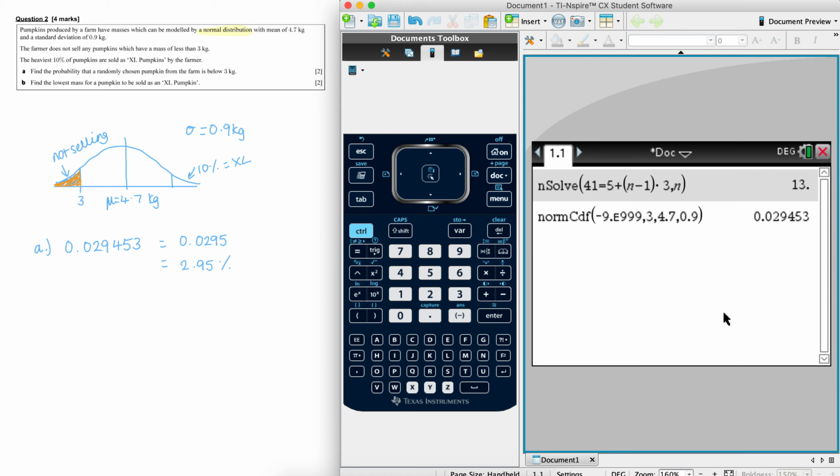So either of those options is fine. And the working out that I've shown there is through the diagram that I've drawn.